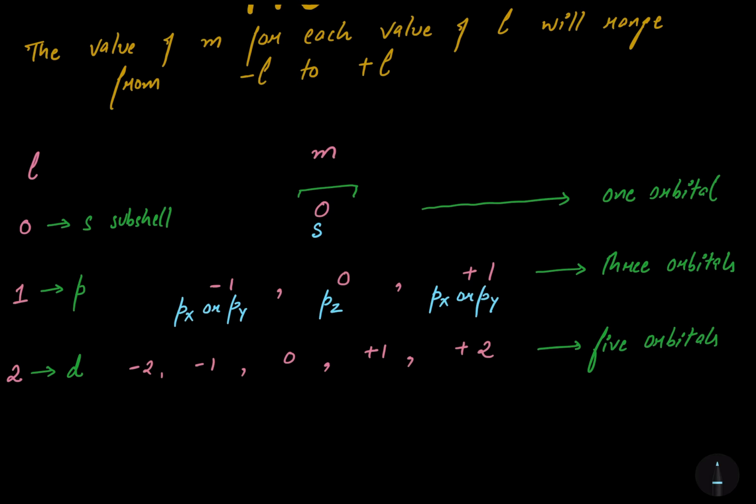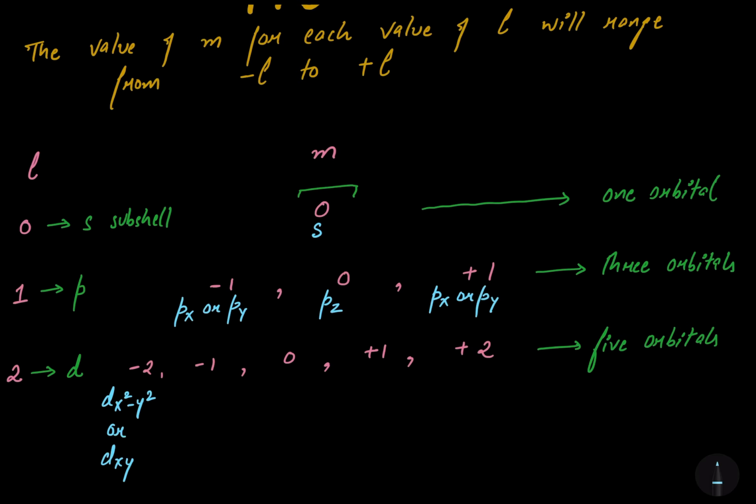Now let's talk about the d. We are having 5 values for the m: minus 2, minus 1, 0, plus 1, plus 2. So minus 2 stands for dx square minus y square or dxy.